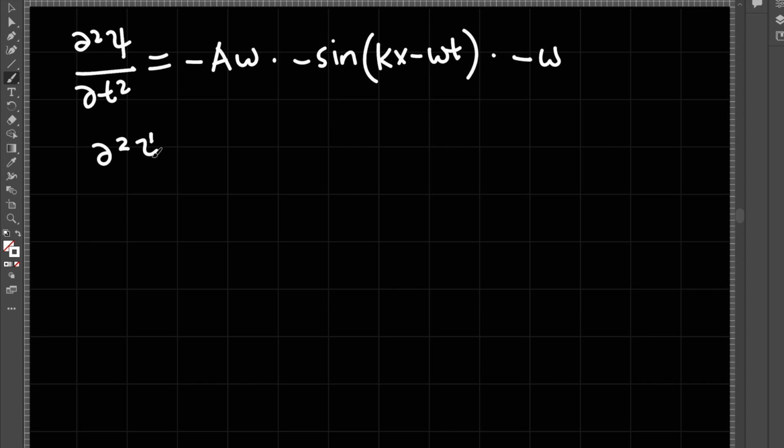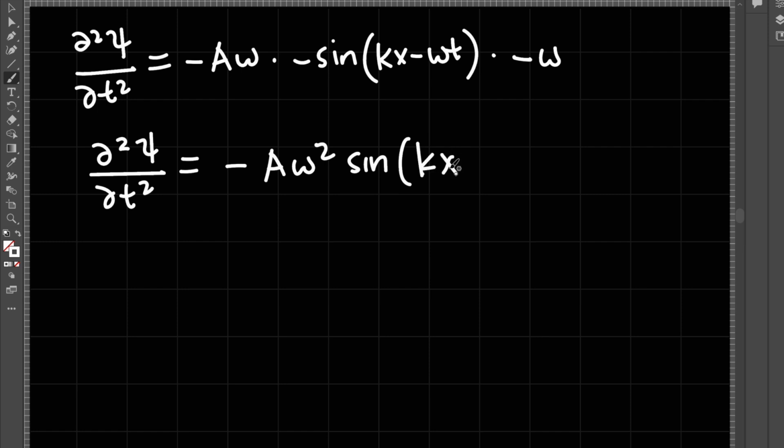This is because we have three negatives here. So negative A omega squared sine kx minus omega t.